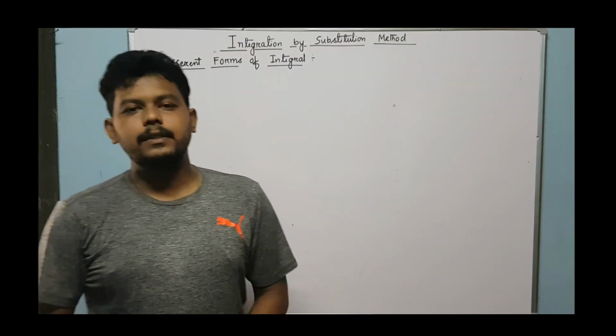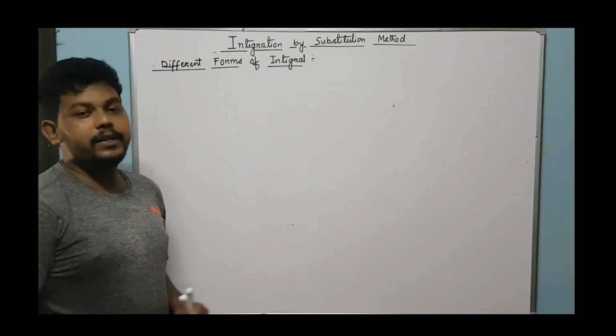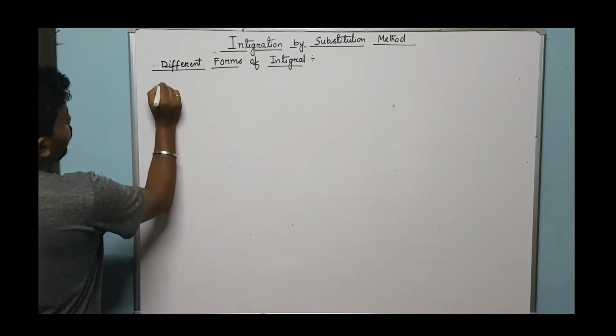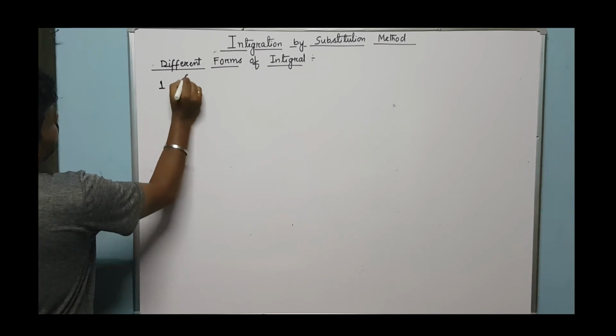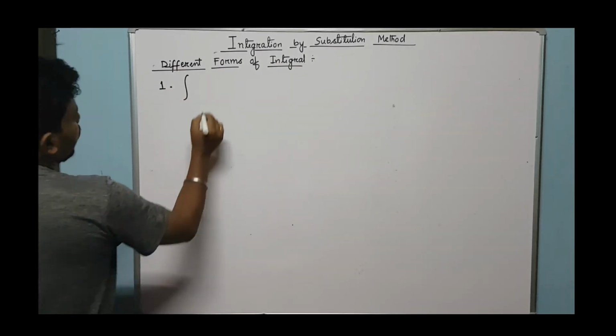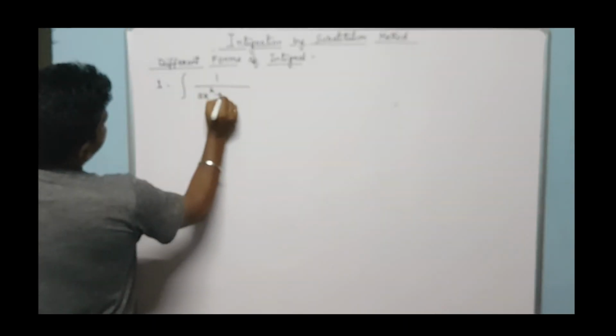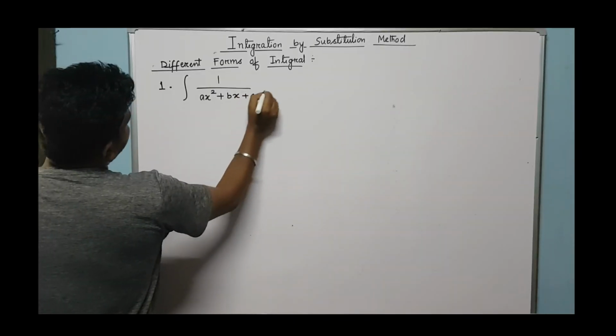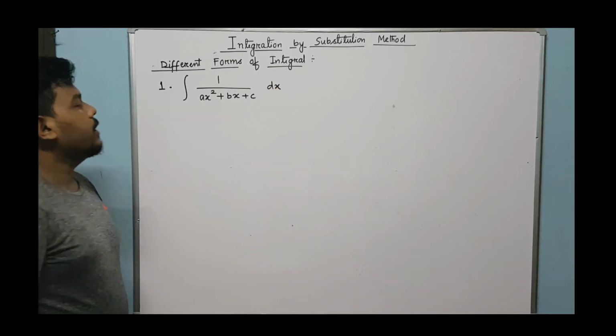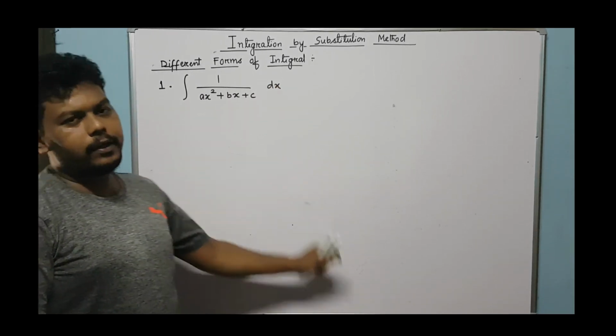Now we will discuss different forms of integral. Number 1. 1 by a x square plus b x plus c dx. That is the reciprocal of a quadratic expression.